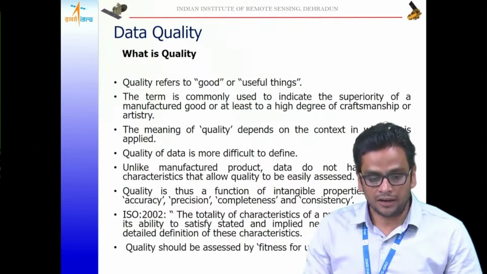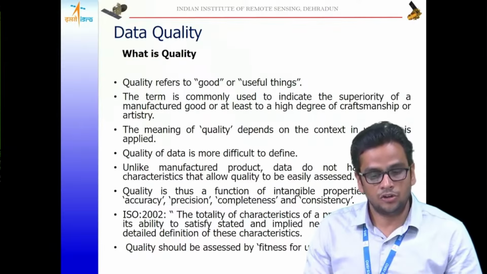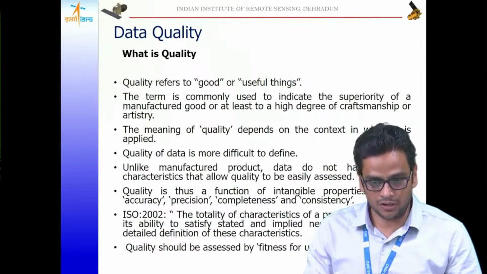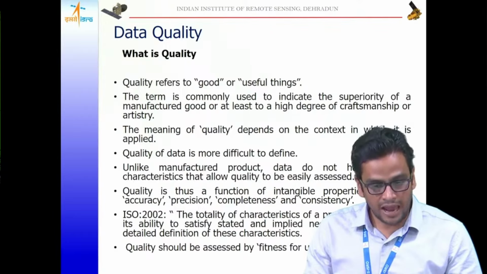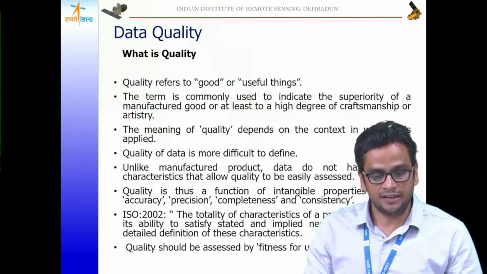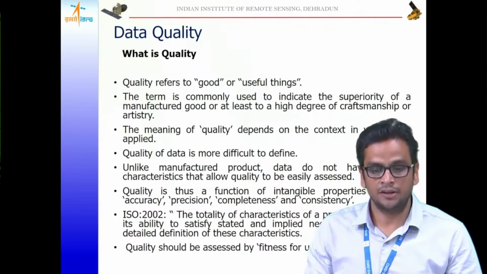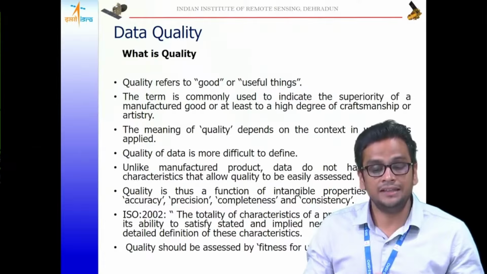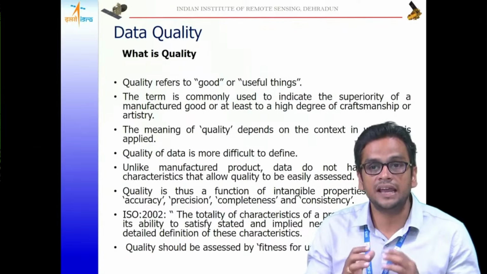And along with this, as per the ISO standard, the definition is the totality of characteristics of a product that bear on its ability to satisfy stated and implied needs. So we have to define these characteristics.